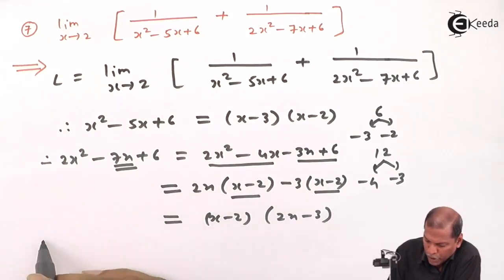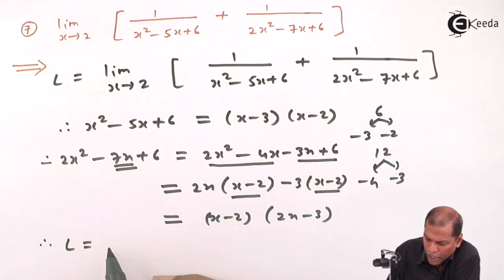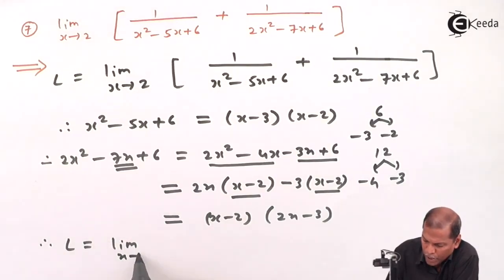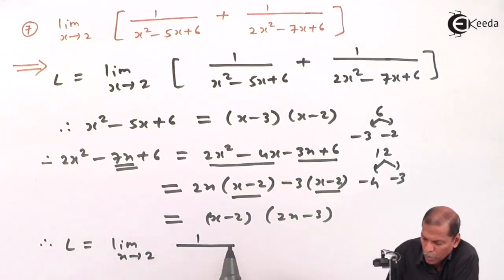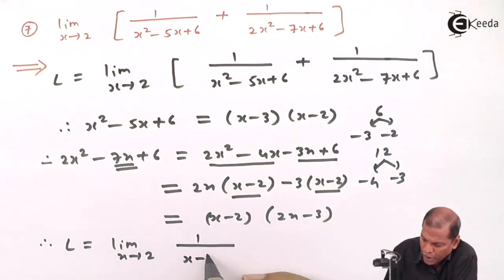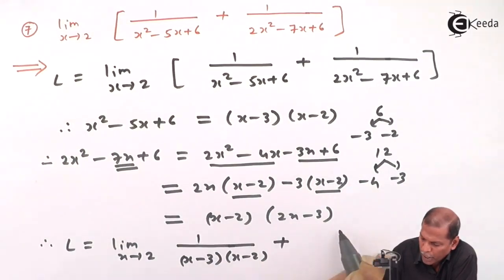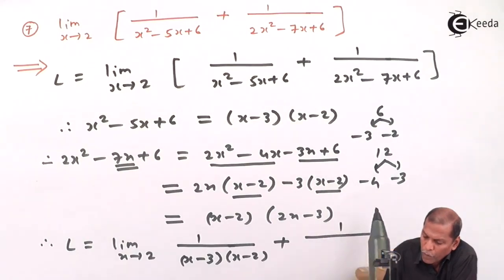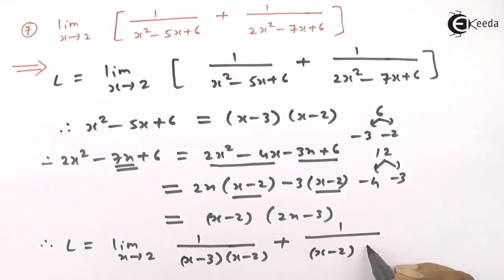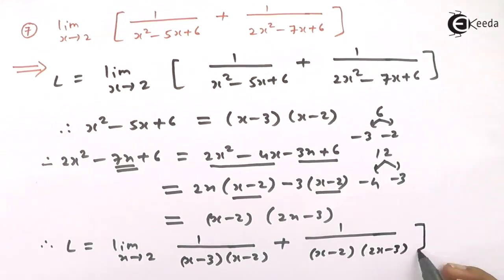Now we consider again the limit L equal to the limit as x tends to 2 of 1 upon, for x² − 5x + 6 we write the factors (x − 3)(x − 2), then plus 1 upon, for 2x² − 7x + 6, we write the factors (x − 2)(2x − 3) in the denominator.